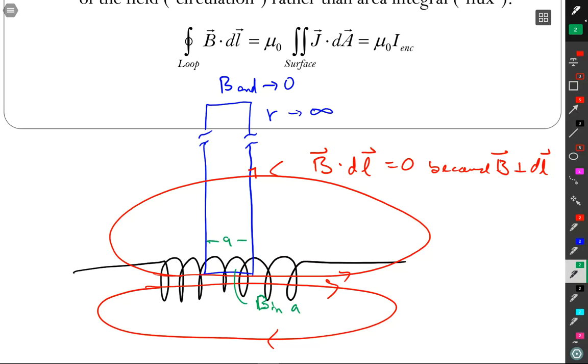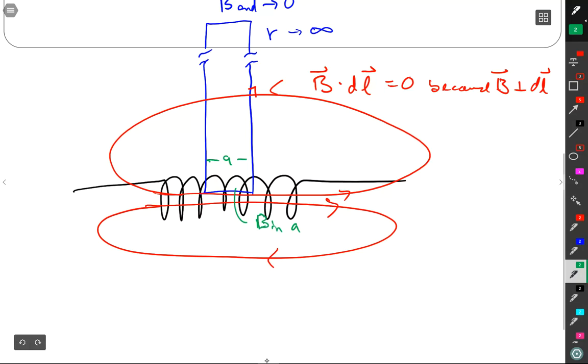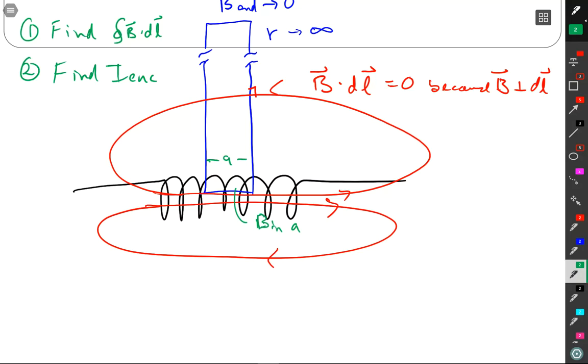So that was step one, find the circulation. What was step two? Find I enclosed first, then plug those two back in.